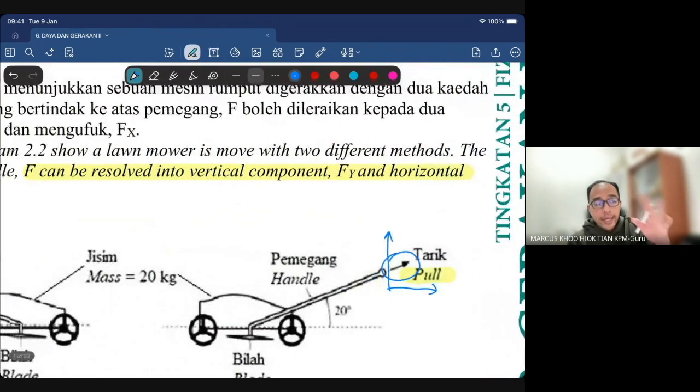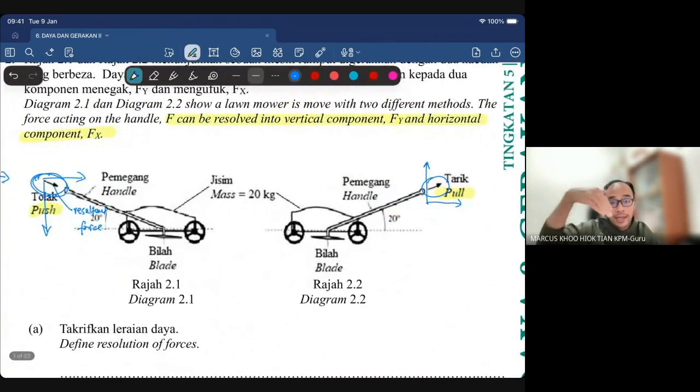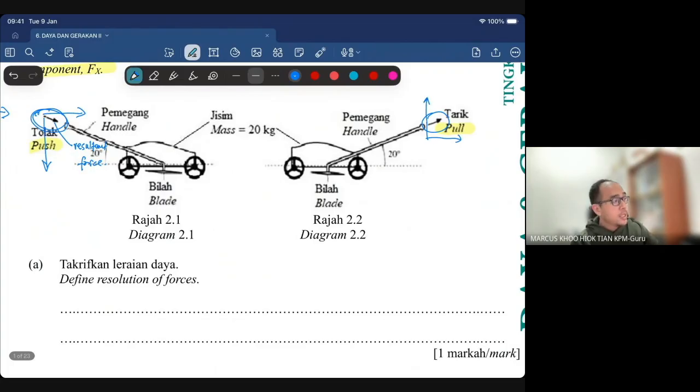Okay, so the basic idea behind resolution of forces is if I give you a slanted force, you must be able to tell me what the two components are that make up this force. So our first question is, what is the resolution of forces? The resolution of forces is the process of resolving, and I like this word because it's very close to our key concept.